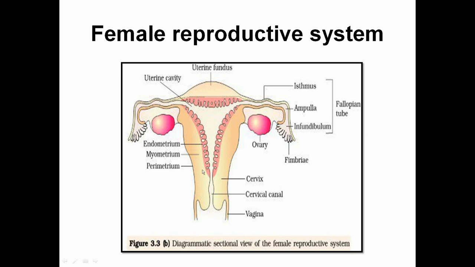The inverted pear-shaped structure is the uterus, which comprises three walls: perimetrium, myometrium, and endometrium. The lower section of the uterus is referred to as the cervix, which leads into the cervical canal and finally opens into the vagina. This cervical canal is also referred to as the birth canal.